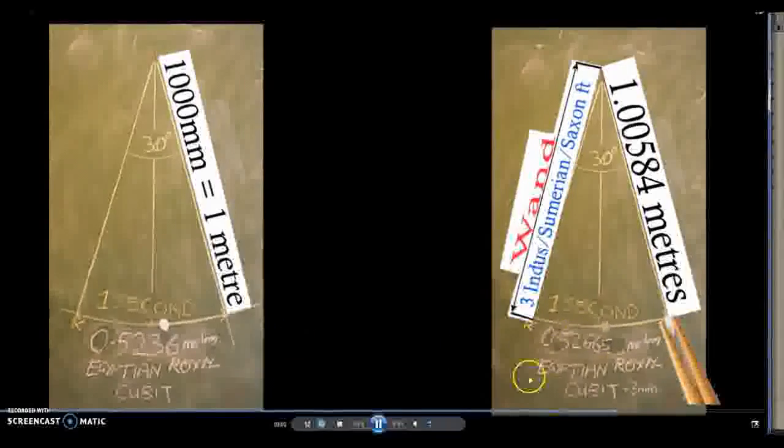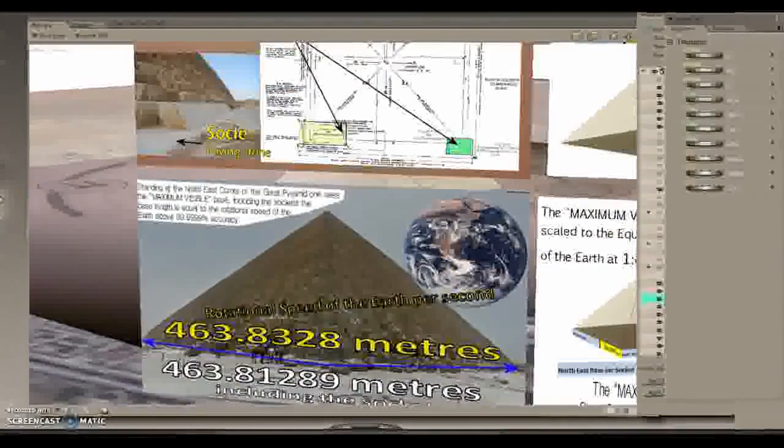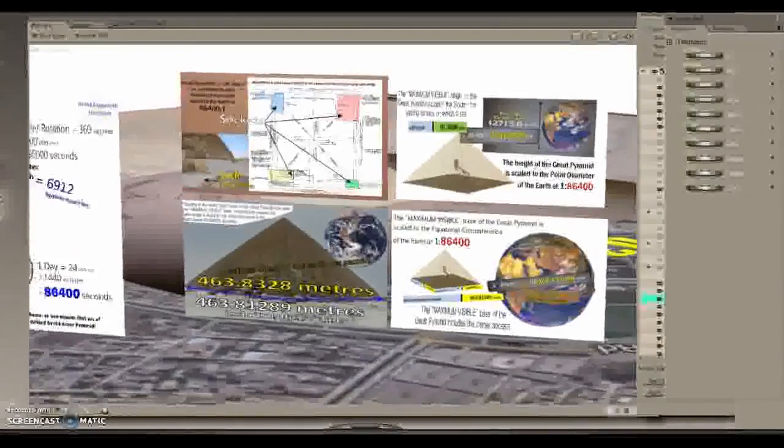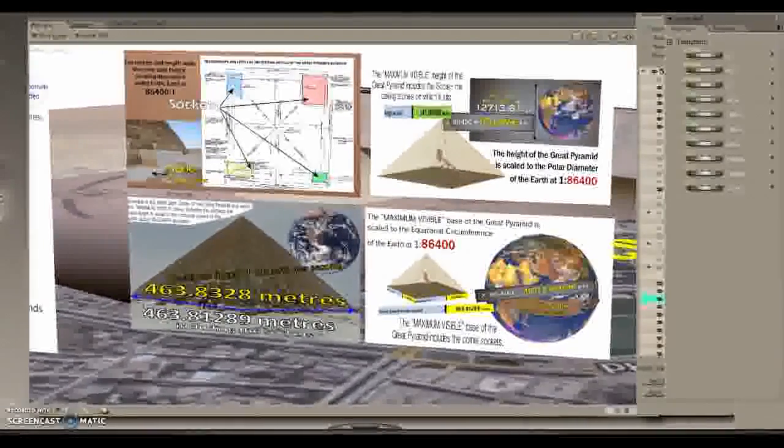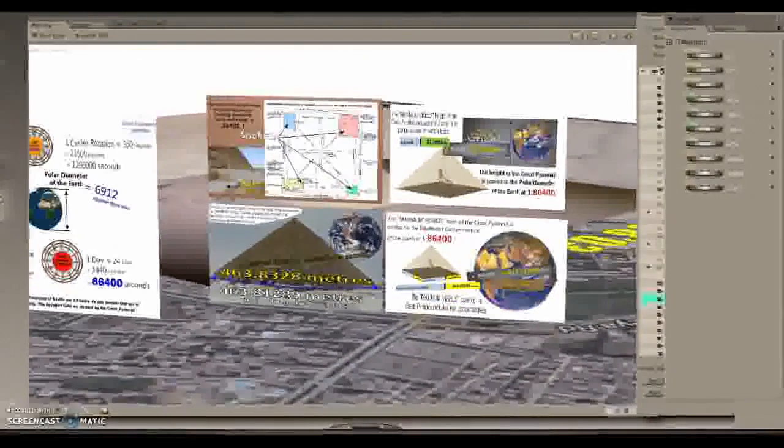This one times 440 describes the pyramid including the sockets, and those sockets are vital because we need them to get us that extra little bit of length on the base of a pyramid to bring us to 86,400 as a scaling of the Great Pyramid to the size of the Earth.